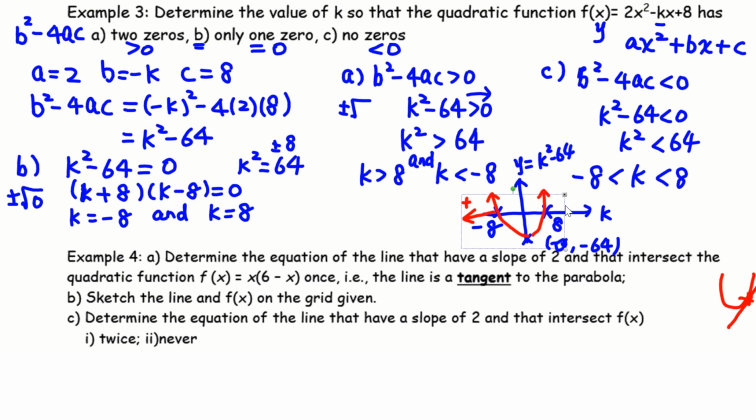If k is greater than 8, it will be positive. But between negative 8 and positive 8, this k squared minus 64 is negative, less than 0. So you could also graph y equals k squared minus 64 to check where you are going to get y value positive and y value negative. So this is for example 3.